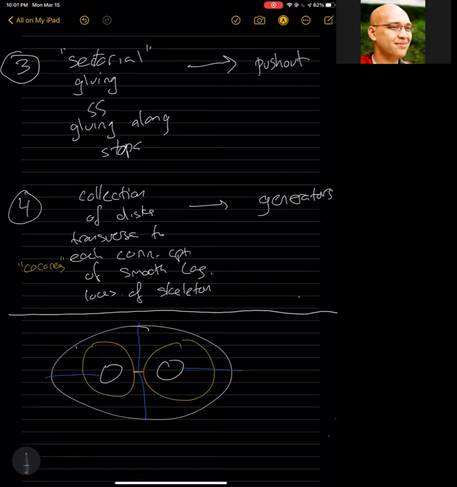Let's consider the cotangent bundle of R. Here's R, here's its cotangent bundle. Just for the heck of it, I'll draw the Liouville flow. Looks like this. And in the cotangent bundle of R, there's more or less one Lagrangian you can ever imagine, this one.